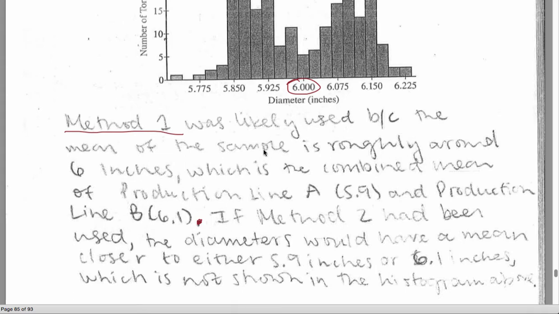But they kept writing, which is always dangerous. They said if method 2 had been used, then they would have had a mean closer to either 5.9 or 6.1, and that's not shown. So they really had another good argument. They covered that very well, covered it twice actually.